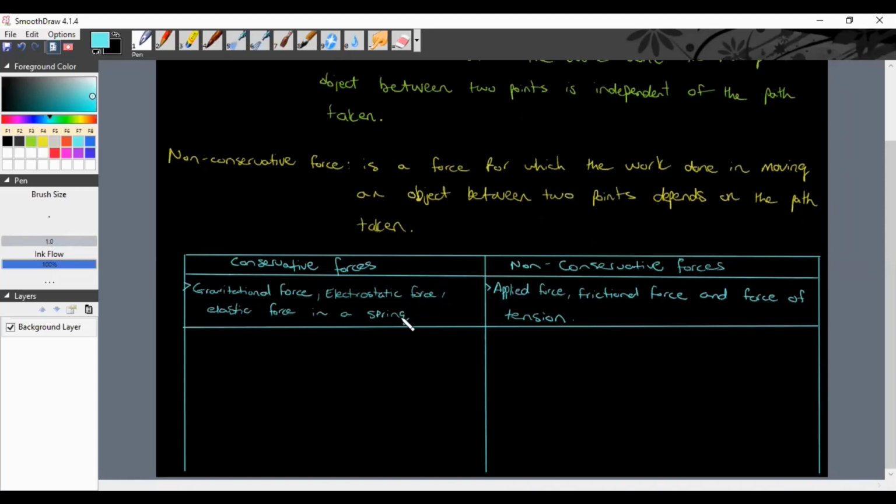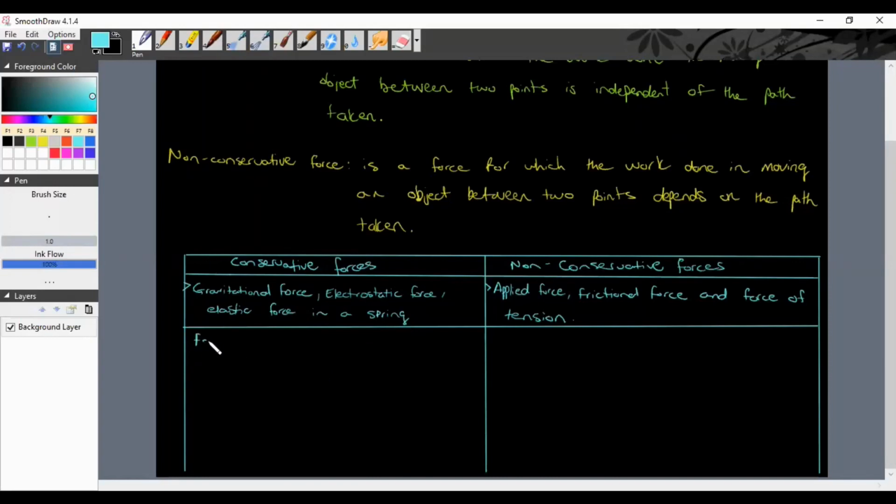If you want to have a look, for example, at the work done by a gravitational force, that does not depend on the path taken. In other words, the force of gravity does not depend on the path followed from the starting point to the finishing point.